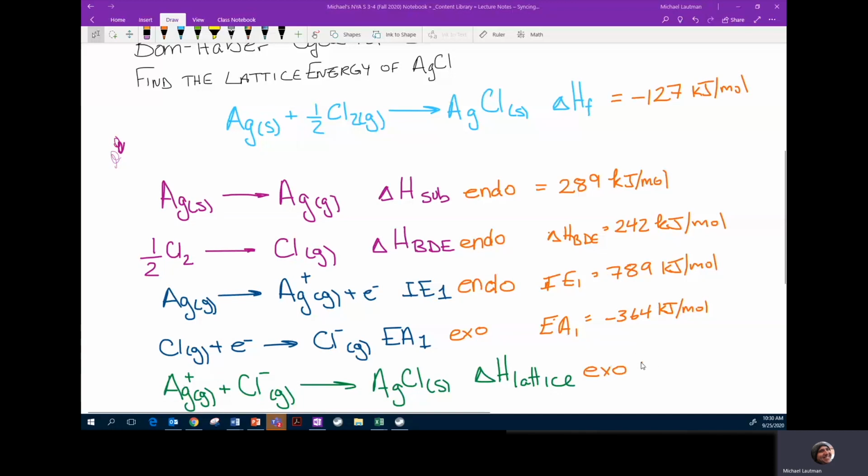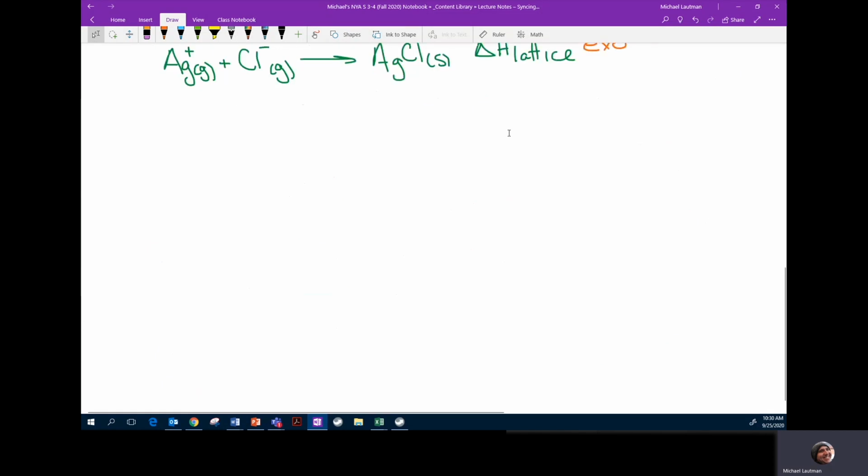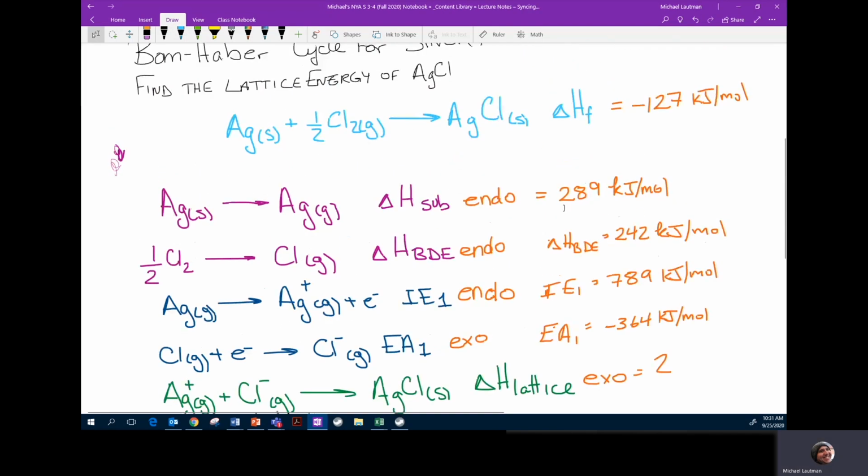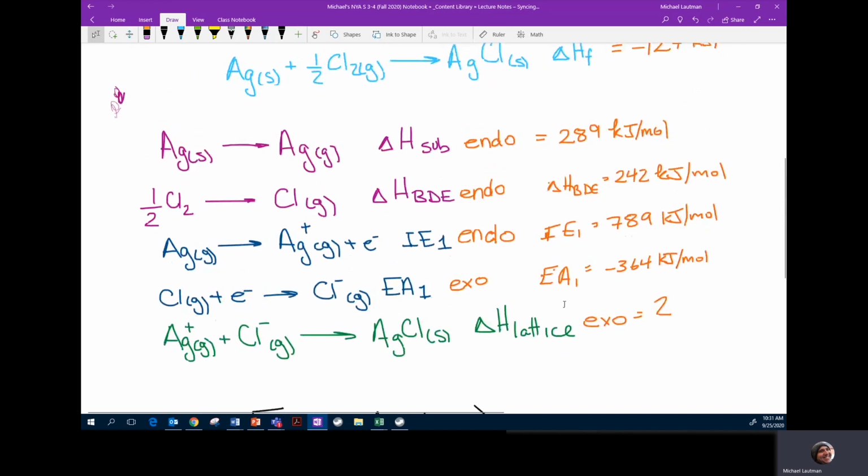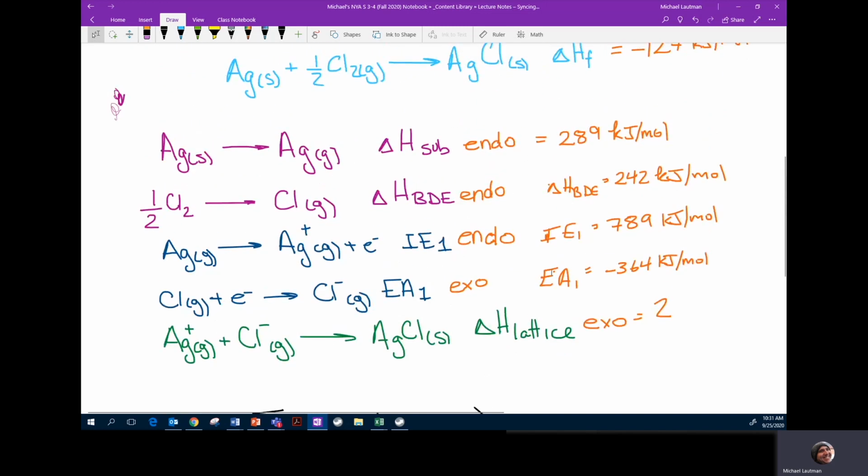Now I've got all these numbers, and we can figure out the lattice energy of silver chloride. Remember, the enthalpy of formation for a reaction is equal to the sum of the enthalpy for the steps. So it becomes just an algebra problem: an equation where you decide which one is your unknown.